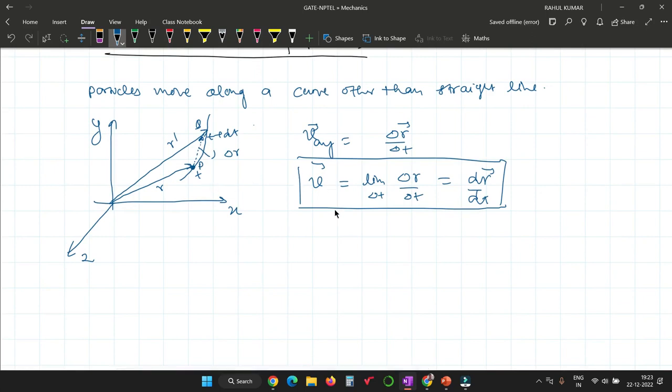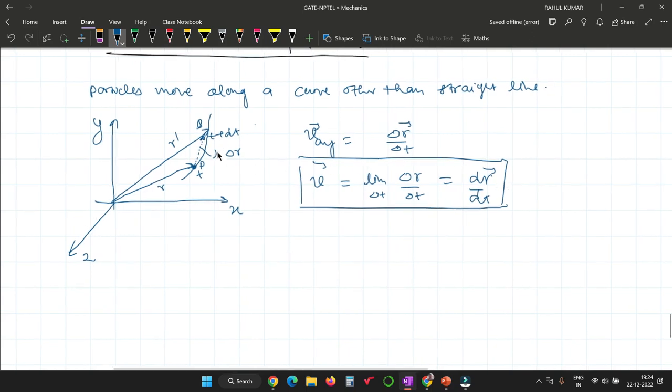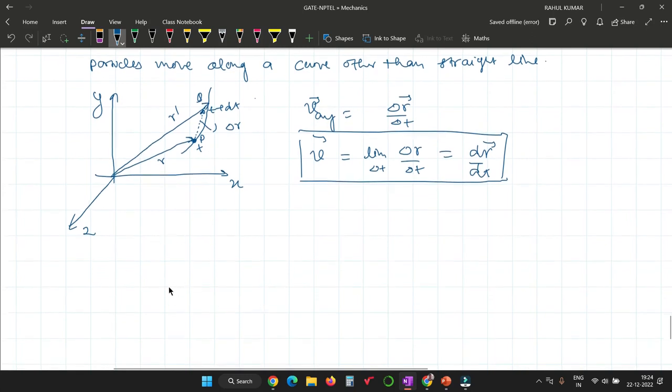Now I want to interpret one thing. Suppose you are reducing the time interval. Then what will happen? This point will get closer and closer. And when you draw this vector, it is r and it is r dash, and this vector is delta r vector, right?